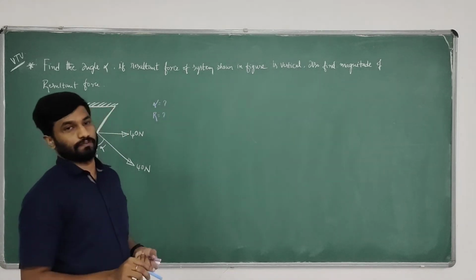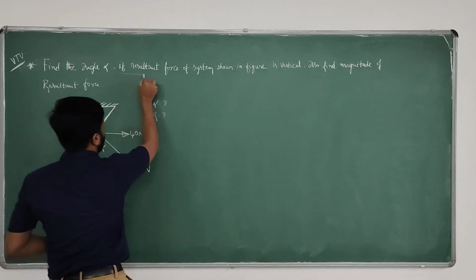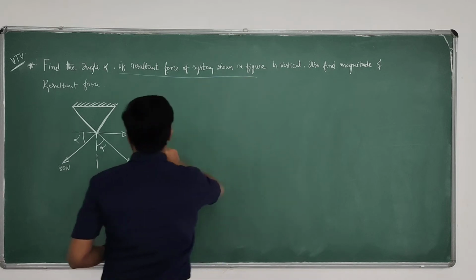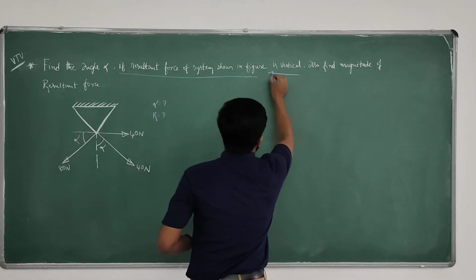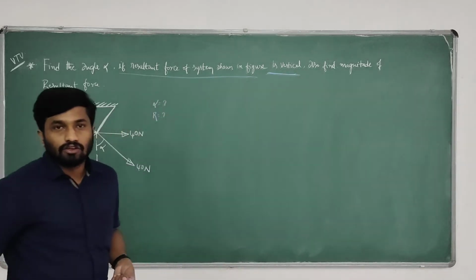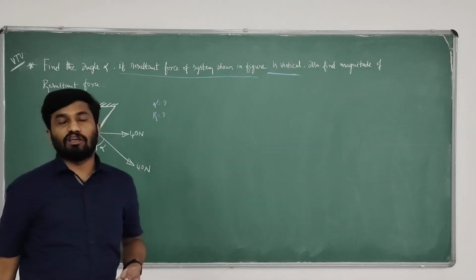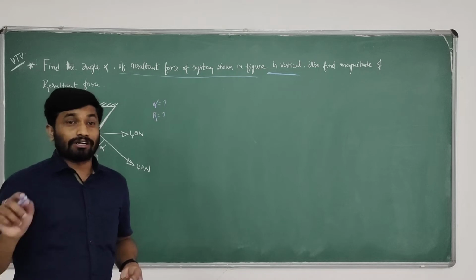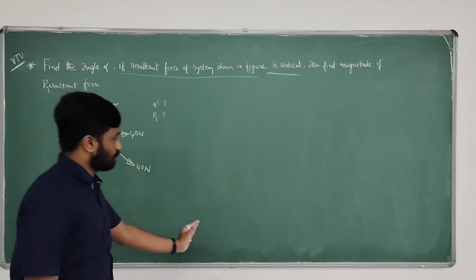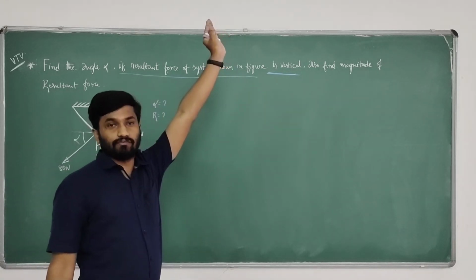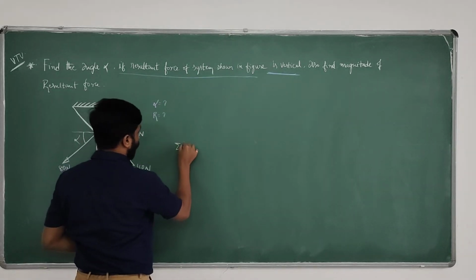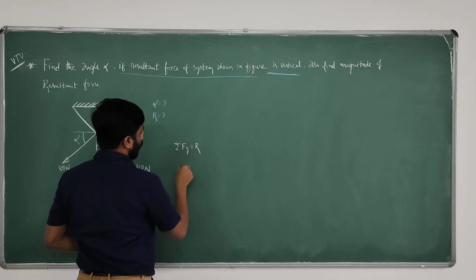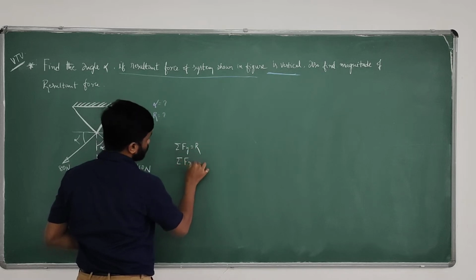What is the condition? The resultant force of the system shown in the figure is vertical. When this condition is imposed in the problem, what does it mean? It means the resultant acts in the vertical direction. So here we can take sigma Fy equals R and sigma Fx equals 0.